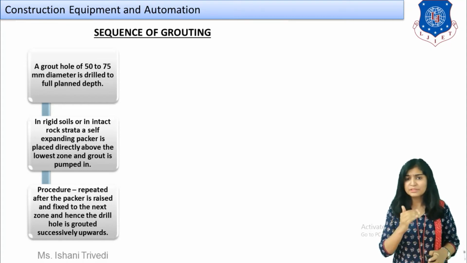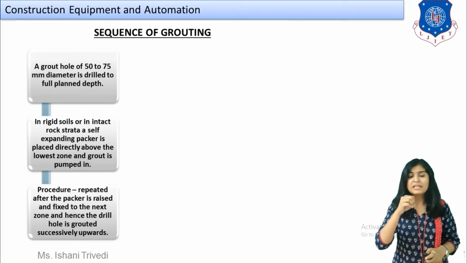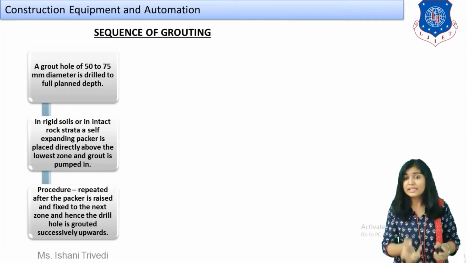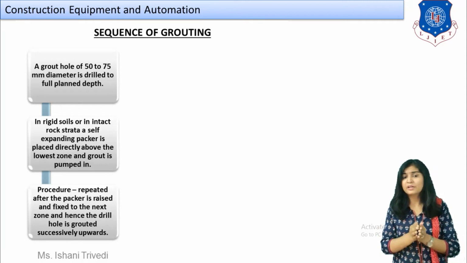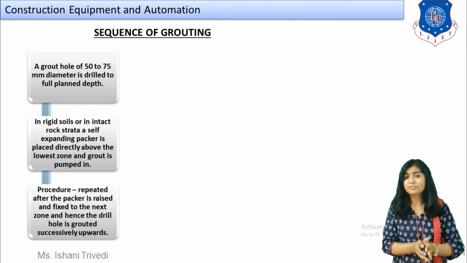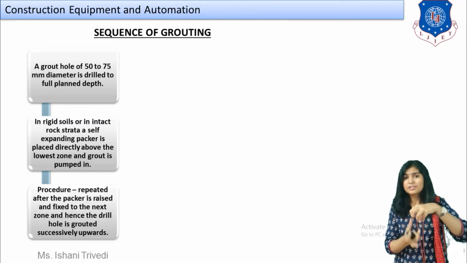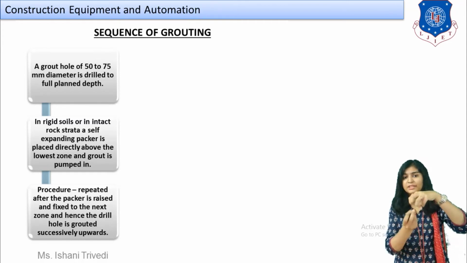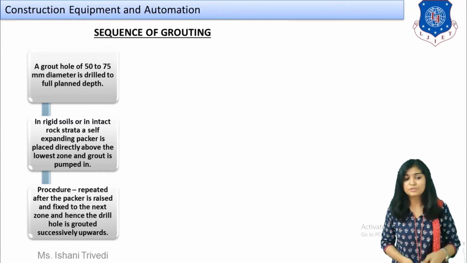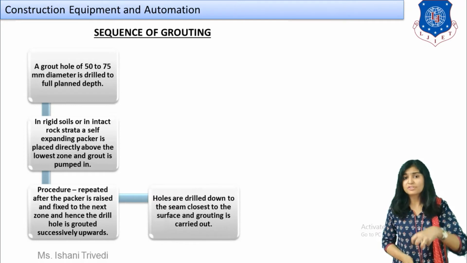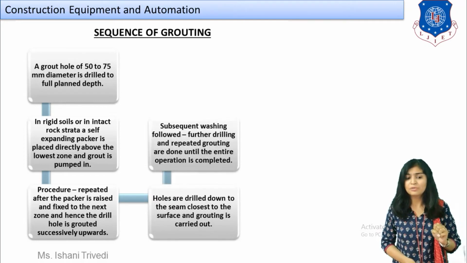This procedure is to be repeated after the packer is raised and fixed to the next zone. If you are dealing with a packer, if you are keeping an obstacle in between, and you are dealing with hard soil, then the packer will be lifted and the grout is released, again the packer will be lifted and the grout is released, which I explained to you right now, and the grout machine is moved successively upwards. Then holes are drilled down to the seam closest to the surface and grouting is carried out.